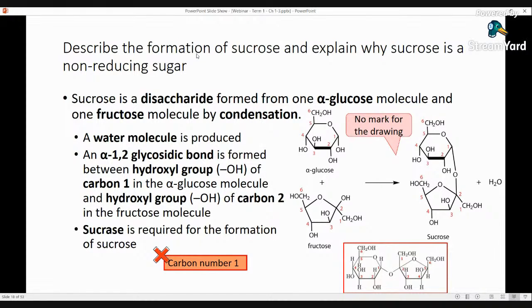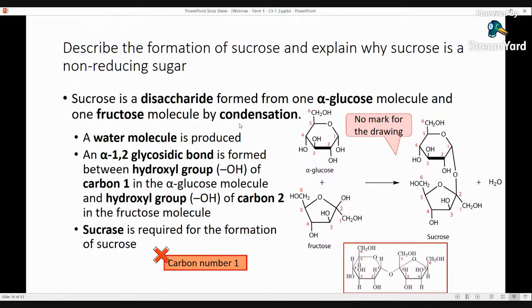In answering the formation of sucrose, students can write: sucrose is a disaccharide formed from one alpha glucose molecule and one fructose molecule by condensation. Remember, you must have alpha glucose and condensation in one sentence. Without alpha glucose, you cannot earn any marks here.